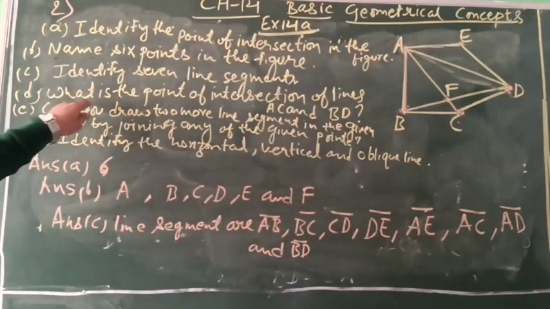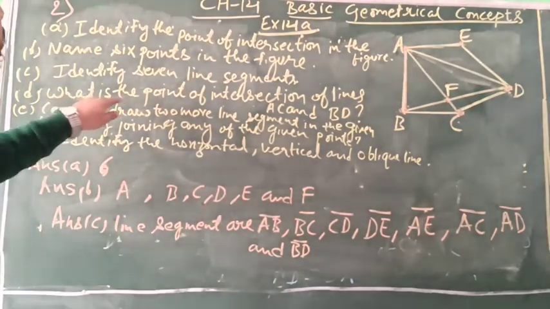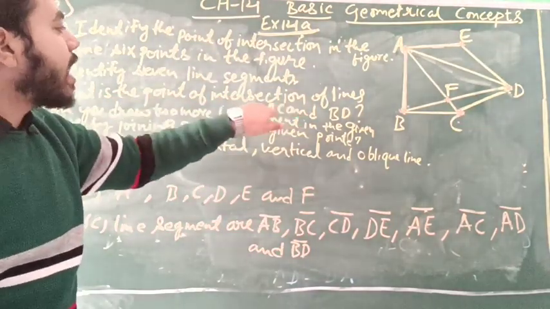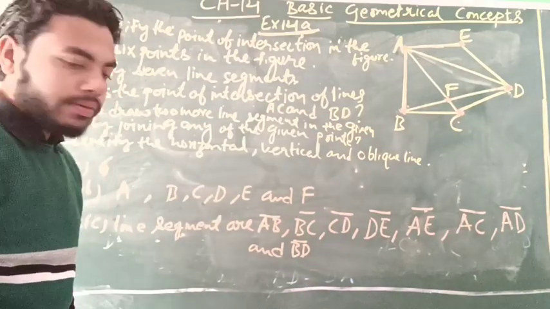Okay. Now we will talk about D. What is the point of intersection of line AC and BD?